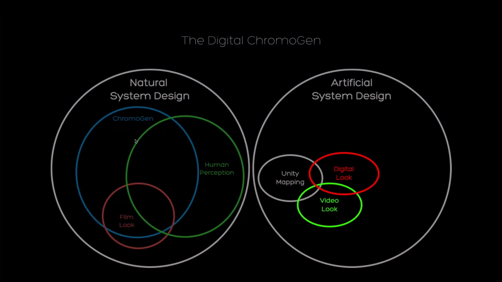We're also saying this is not exactly like human perception, because human perception is much more complex. But it has a big overlap here. But the most important thing is it's in that gray circle and not over there, we hope. And we've been testing this with a few selected colorists for a few years, and it's looking really promising.